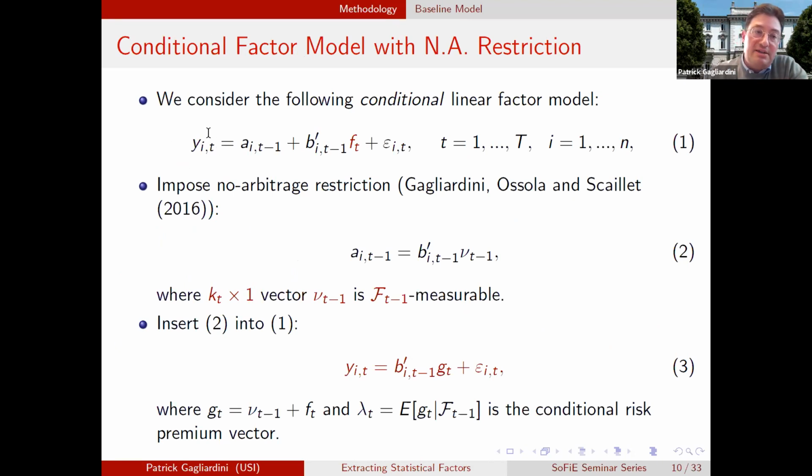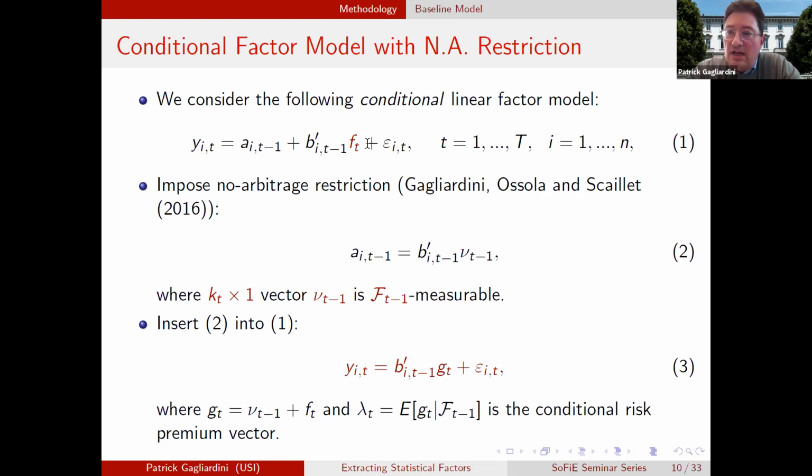The y's are the excess returns of the assets, let's say, and on the right-hand side, this vector ft is a vector of unobservable factors. And as you see, the intercepts and the loadings in this model are potentially time varying as a function of some information set, which is not specified at the moment.